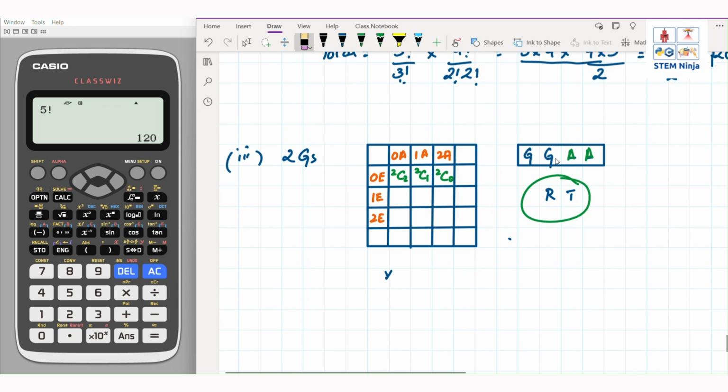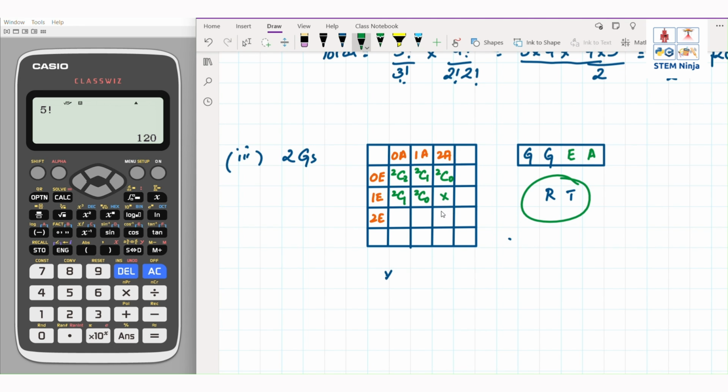If 1E is there and 0 A's are there, so from the rest of R, T, you are selecting how much? 2C1. If 1A comes, then obviously it's 2C0. Oh, sorry, no. We cannot have a combination with 1E and 2A's. Obviously, that's not going to be possible over here.